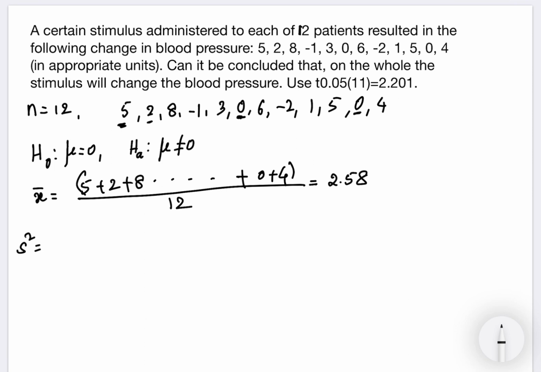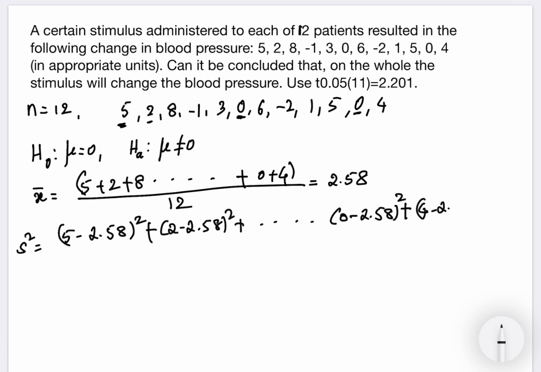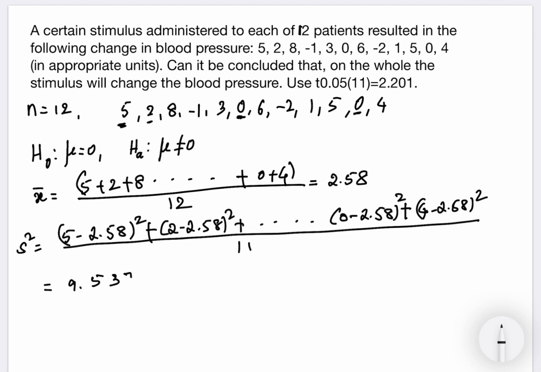And s square would be 5 minus 2.58 the whole square plus 2 minus 2.58 the whole square plus so on, plus 0 minus 2.58 the whole square plus 4 minus 2.58 the whole square, everything divided by n minus 1, which is 11 here, and s square is found to be 9.5379.